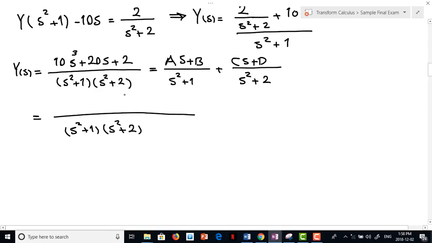If I expand it and then factor, we end up with this: (a plus c) times s to the power of 3, plus (b plus d) s to the power of 2, plus (2a plus c) times s, plus (2b plus d).